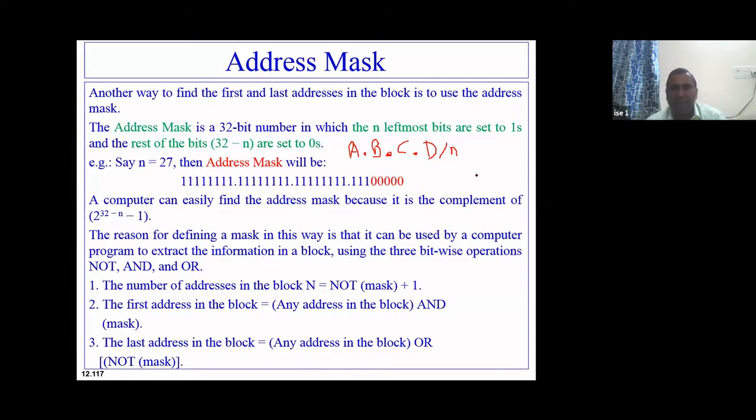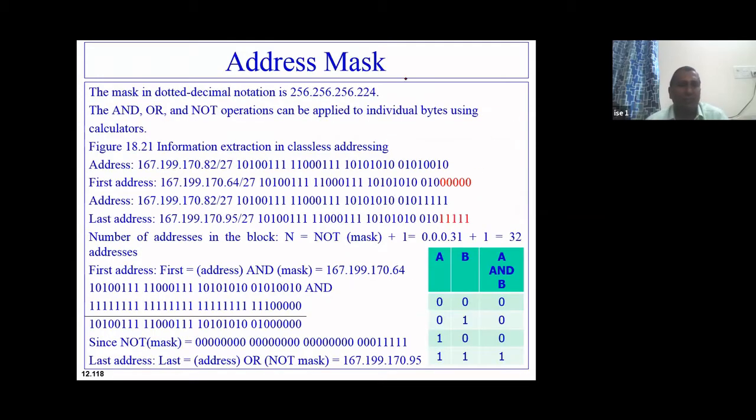So let us see a simple example of that. Assume the mask in dotted decimal notation is 255.255.255.224, and AND or NOT can be applied. Here we have this address given A, B, C, D, and 27 is given as the prefix length.